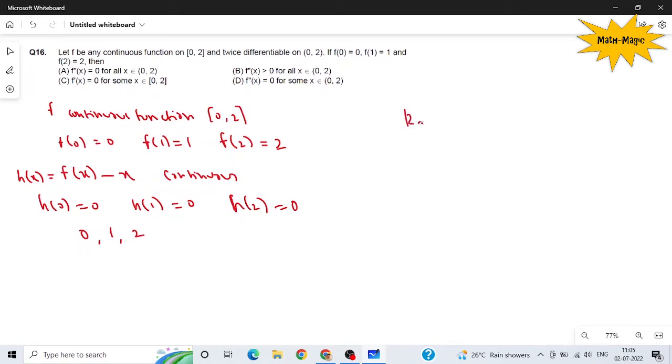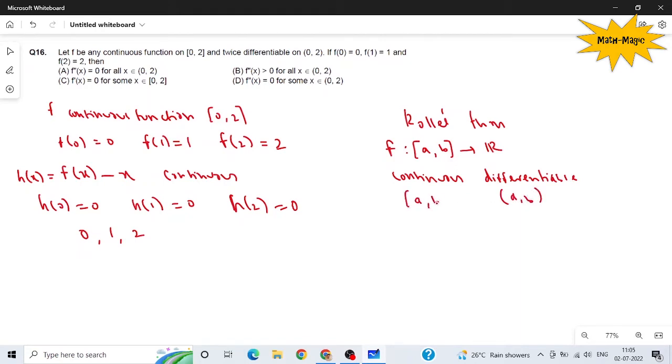What does Rolle's theorem say? It says that if f is a continuous function from the closed interval [a, b] to R, and differentiable in the open interval (a, b), and if f(a) equals f(b) equals 0, then there exists some c in the open interval (a, b) such that f dash of c is equal to 0.